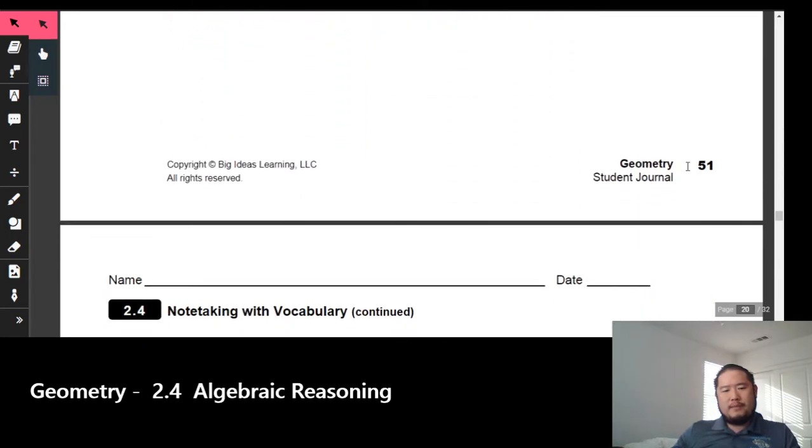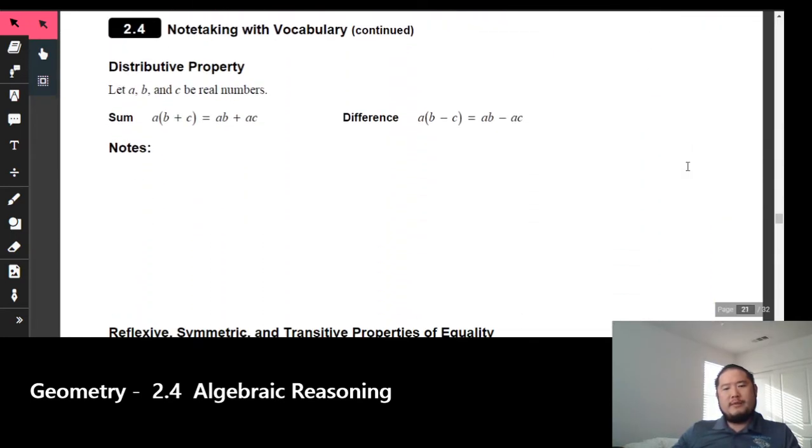As we move along, let's take a look at the distributive property. If I have A on the outside next to parentheses, that should automatically tell you that you are going to distribute. So A times the quantity B plus C, you distribute that A and you get yourself AB plus AC.